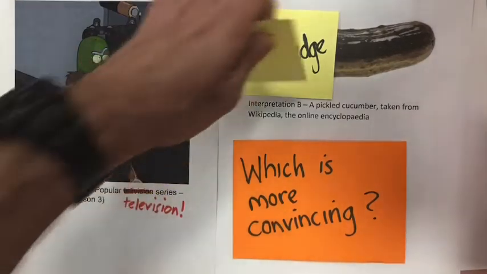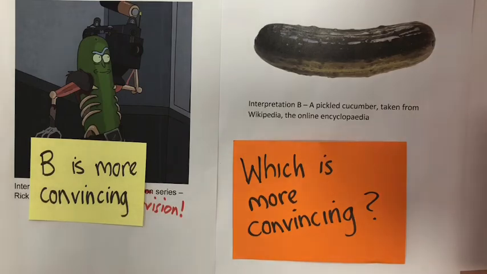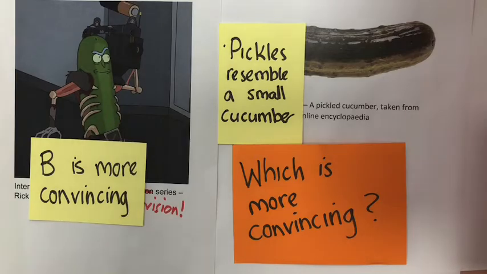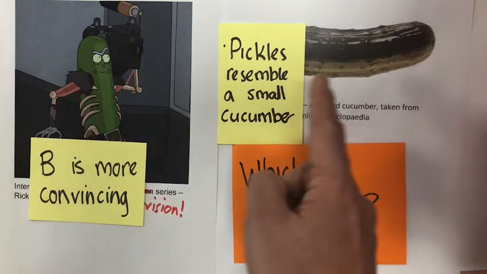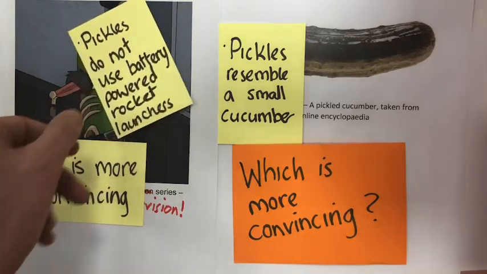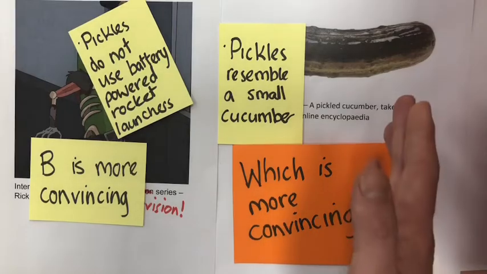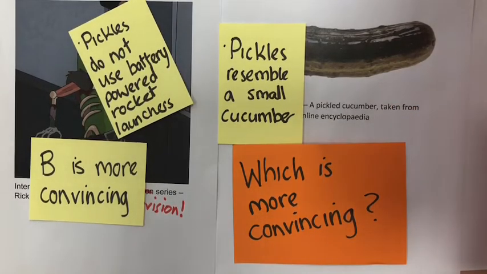Now, I would say interpretation B is more convincing. I need to give 2 reasons for that. 1, I might say that pickles resemble a small cucumber. Interpretation B clearly resembles a small cucumber. I might also say that pickles do not use battery-powered rocket launchers. Therefore, interpretation B is a much more convincing interpretation of a pickle. You'll need to do this, of course, by looking at interpretations about Germany, not pickles.